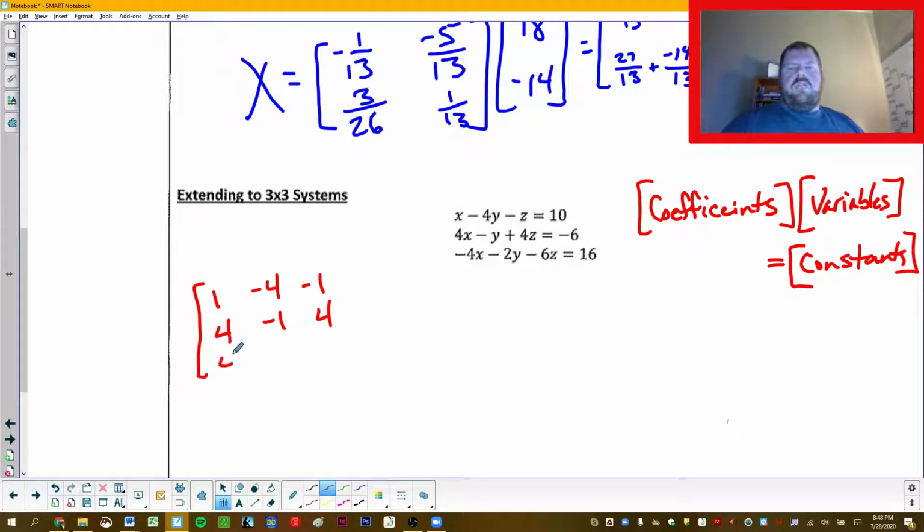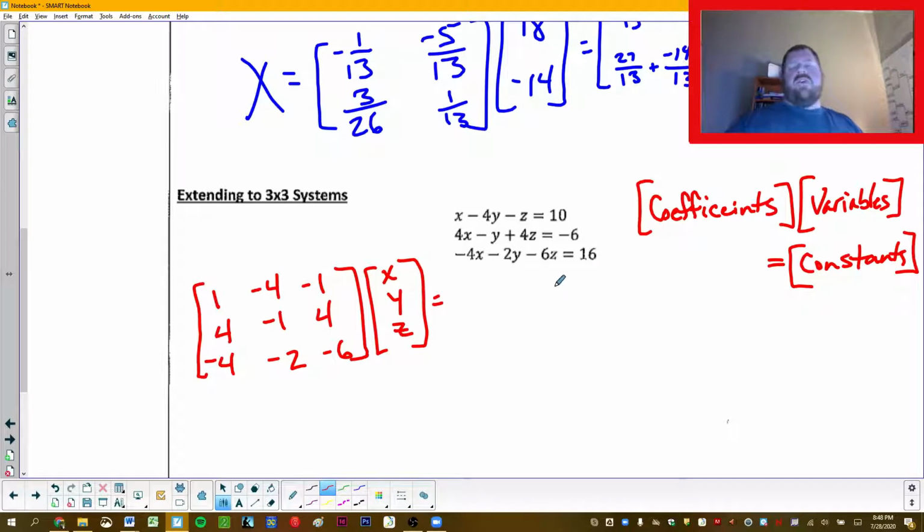And then we have negative 4, negative 2, negative 6. If you want to write this as matrix X, you can. I'm going to stick with X, Y, Z so that I remember the order that I'm solving for. And that's going to be equal to 10, negative 6, 16.